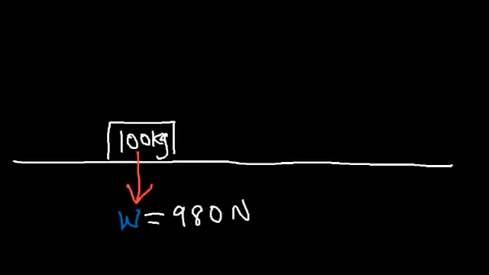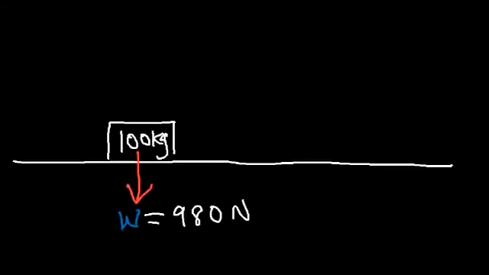So if the block exerts a force on the surface, then according to Newton's third law, the surface must exert the same force on the block, especially if there's no net force, if the block is at rest.